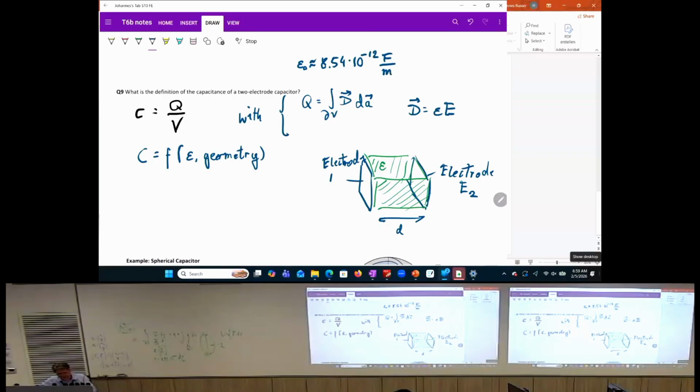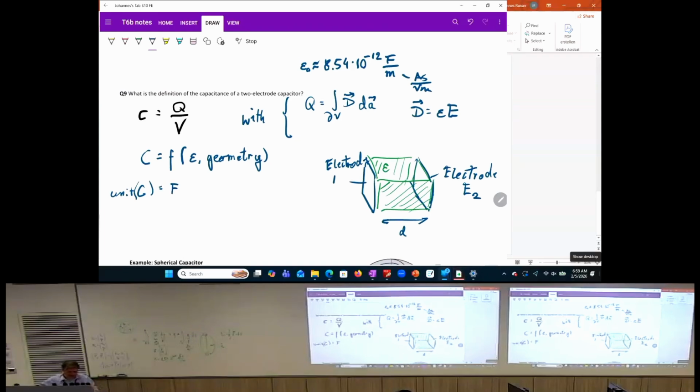That means this is also ampere second per voltmeter. You see, the unit of the capacitance is also farad, in honor of Michael Faraday. As you see, it is charge over voltage, so the unit is ampere second per volt.